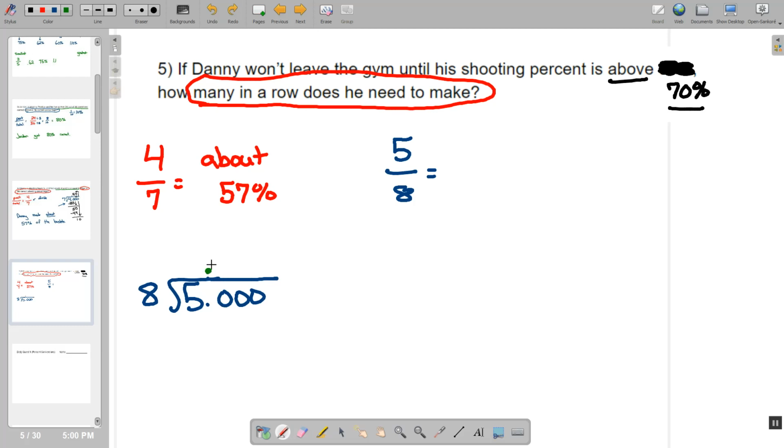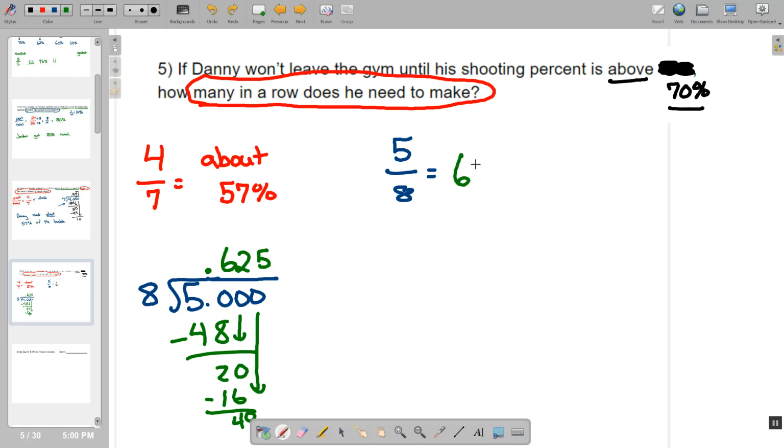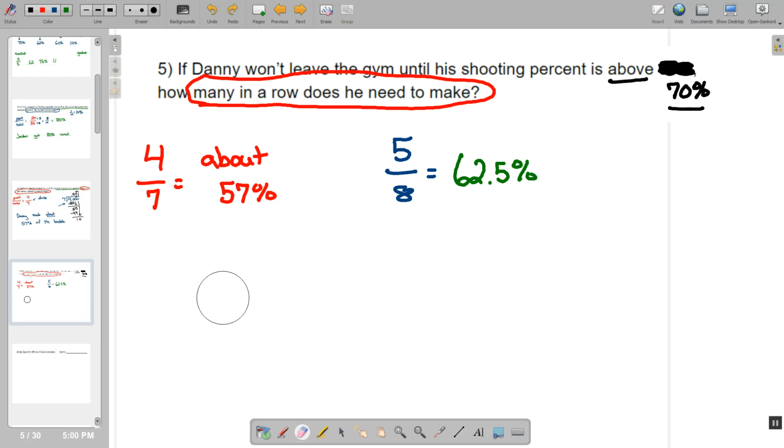Once again, I'm going to work quickly through this because we've done these a lot before. So this is 62.5%, because there is no rounding needed for this problem. So if he made his next basket, he's up to 62.5%.